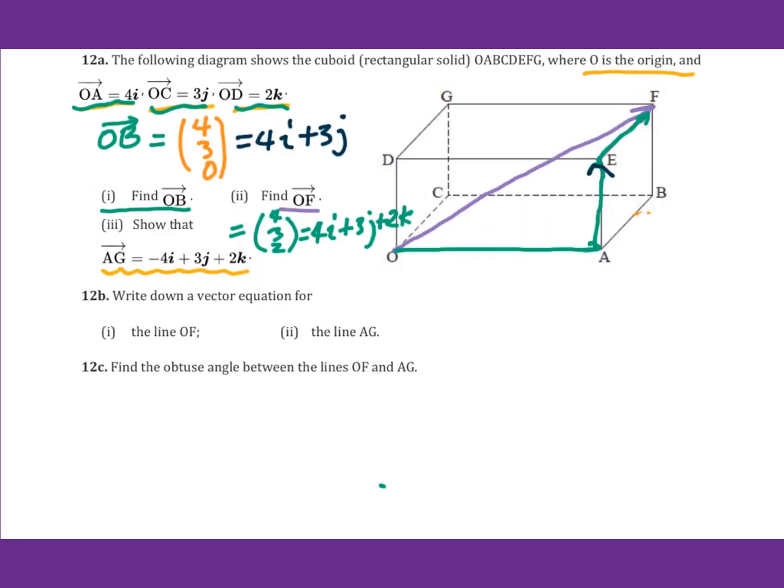Now let's go to 3. Show that AG equals negative 4i plus 3j plus 2k. So let's draw the AG first. AG is here.